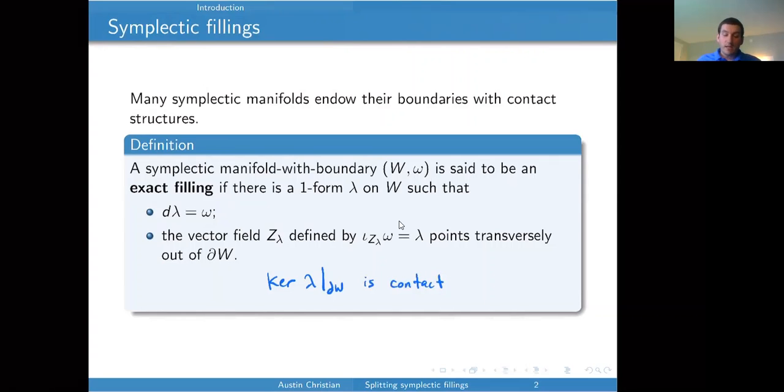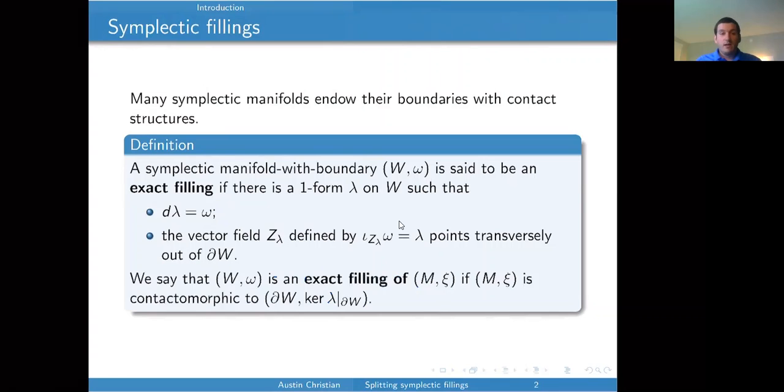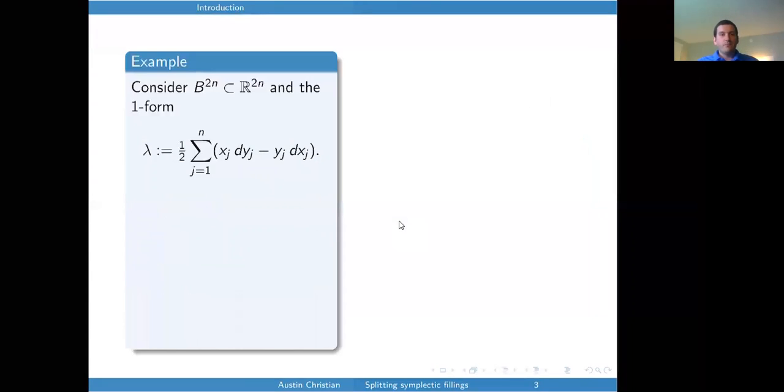So we'll call such a thing an exact filling, and we'll say that it's an exact filling of a given contact manifold M, xi if that contact manifold is contactomorphic to the boundary. Okay, so you've probably seen these before, but just in case you haven't, here's an example.